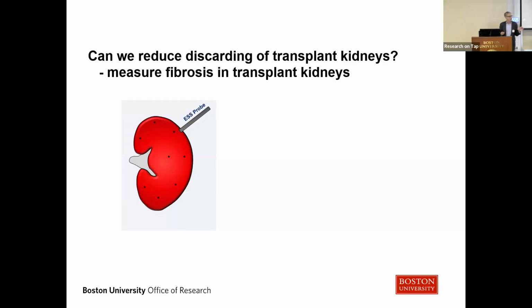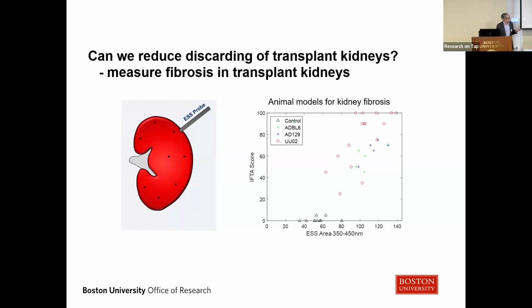And that's a horrible loss of a very precious commodity. So we're working with another group on coming up with optical methods to improve our assessment of the health of a kidney. And we've shown that we have a very good correlation between our optical measurements and the standard histopathology score of interstitial fibrosis and tubular atrophy.